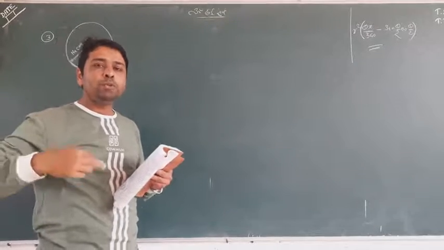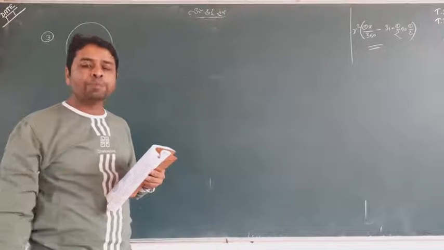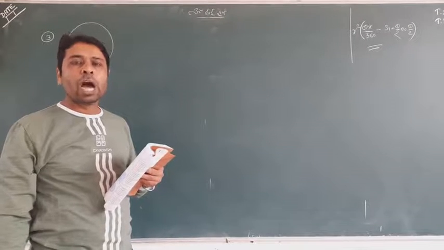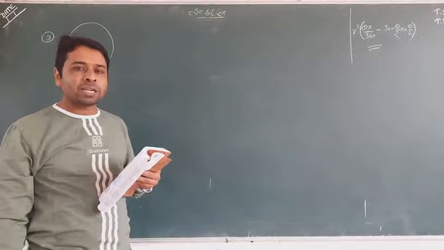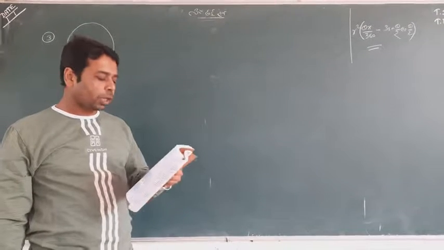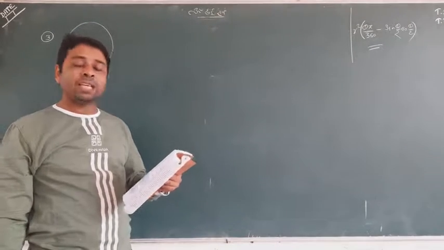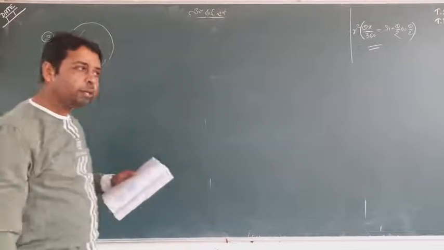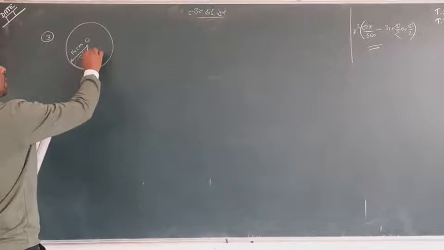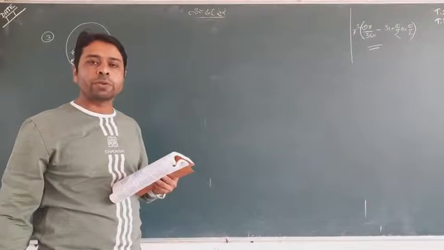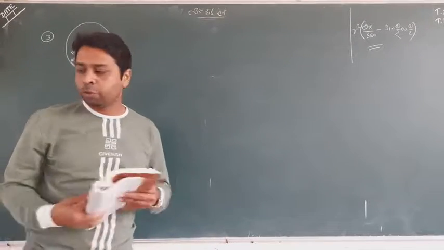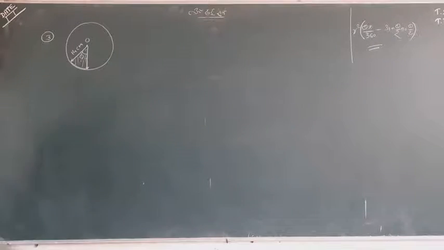After moving 5 minutes, how many degrees does it make at the center? Meaning we will find the central angle first. The question asks to find the area swept by the minute hand, meaning we want to find this area. And this area is none other than the area of a sector, which depends on the radius as well as theta. So we will find theta first. How can we find theta?